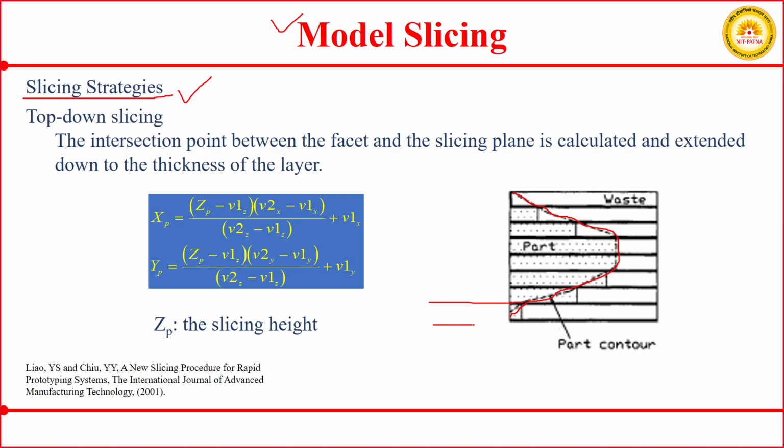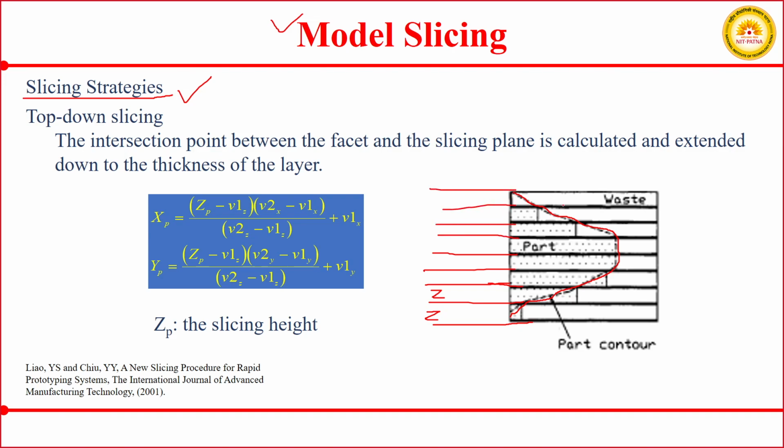For this, we have a certain layer height. For each layer you will have layer height H, and these are equidistant layers through which you slice your CAD model.